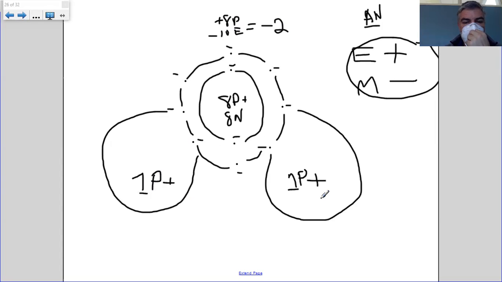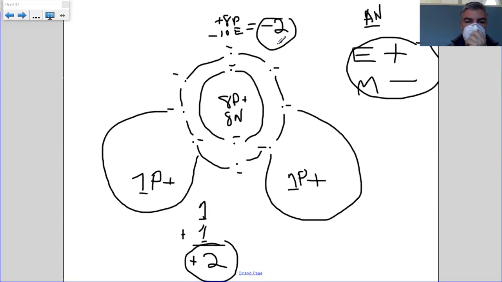Over here, though, I don't have any electrons hanging around my protons for hydrogen, so I have an overall charge of +1 and +1, and that is going to be +2. So I've got a -2 on one side and a +2 on the other. And that is perfectly polar.